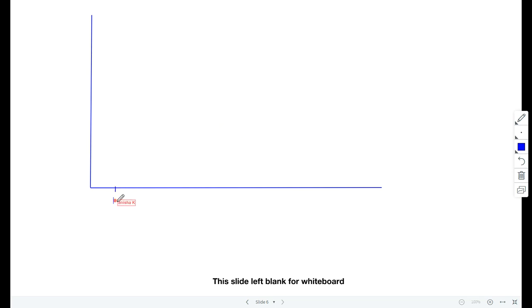So we were doing 10, 20, 30, 40, 50, 70, 80, 90, and 100, right? And here 1, 2, 3, 4, 5. This will be my inhibition zone, and this will be my concentration, right?